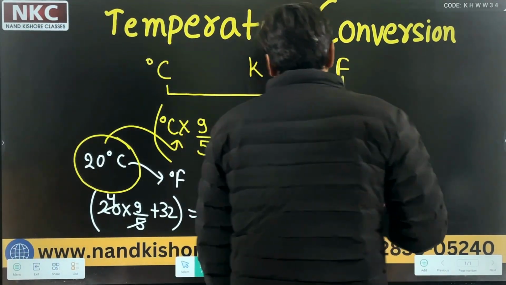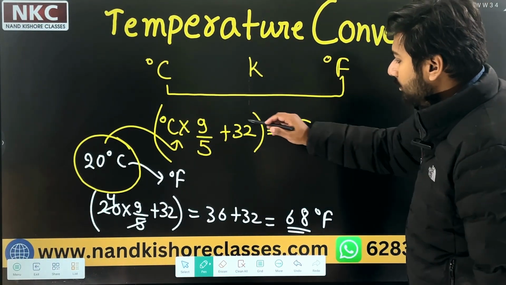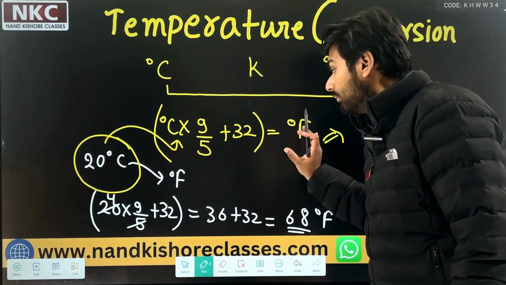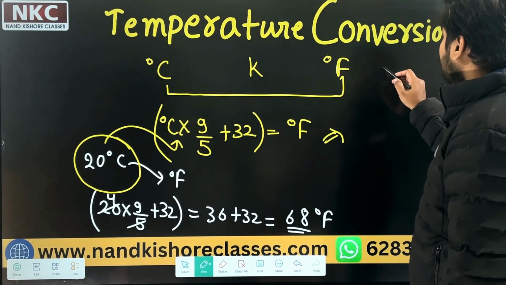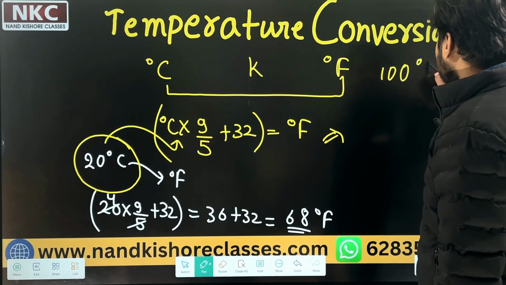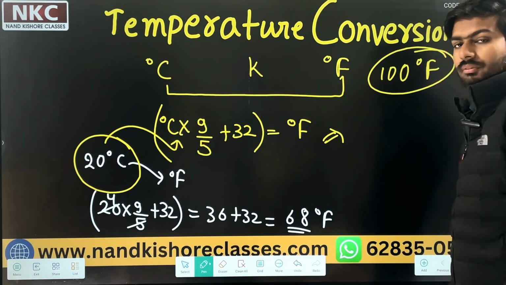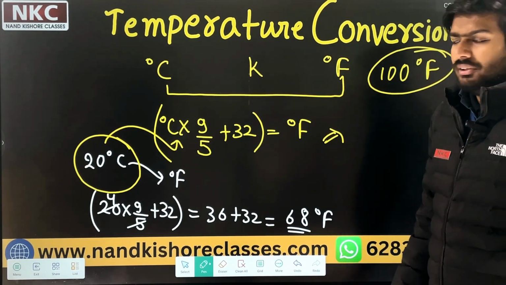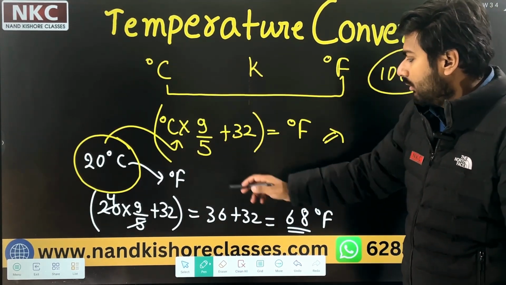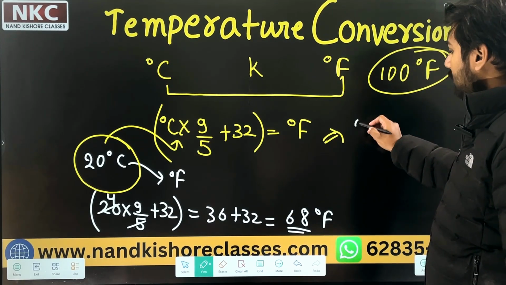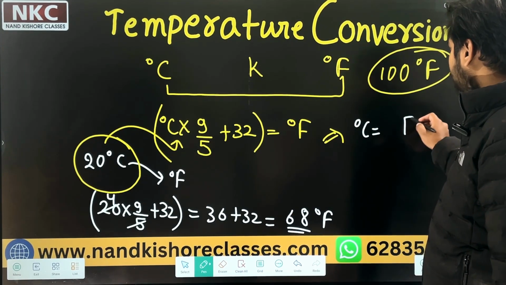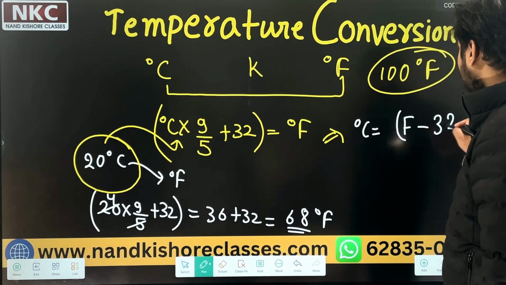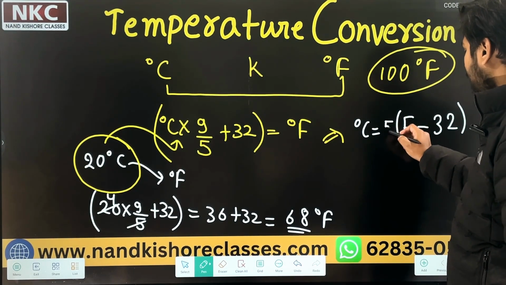Also you can rearrange the formula. Like what will be the degree Celsius value of 100 degree Fahrenheit? You are given 100 degree Fahrenheit and you have to calculate it in degree Celsius. In that case, degree Celsius equals F minus 32, multiplied by 5 over 9.